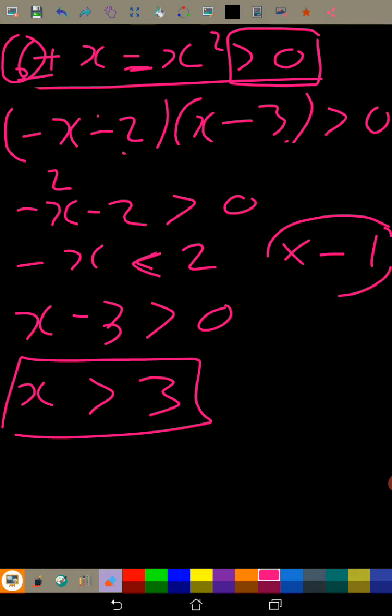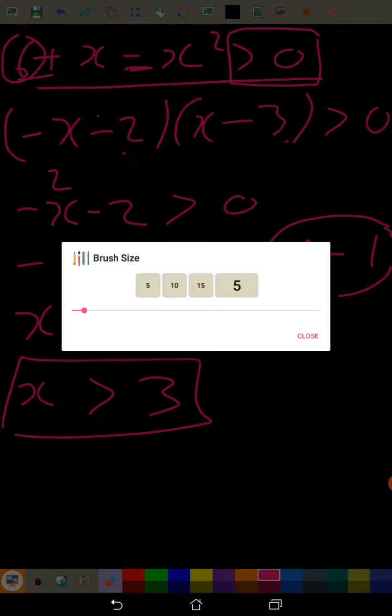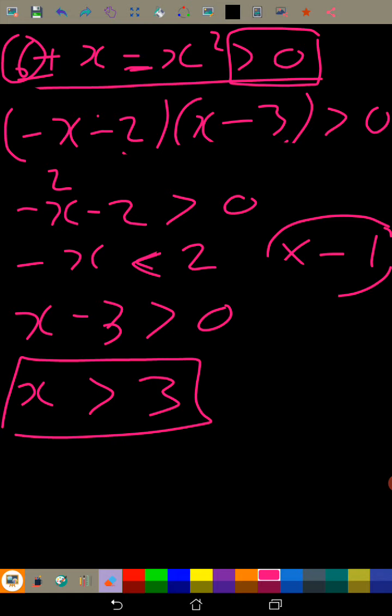Mm, looks odd to me. Well, actually, what we have to do is write this the proper way.